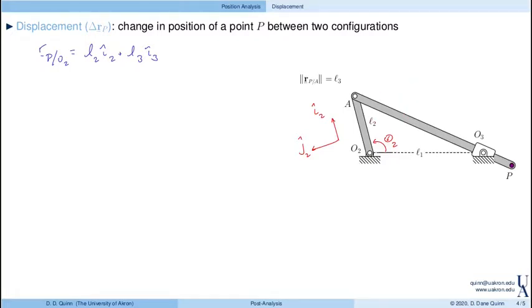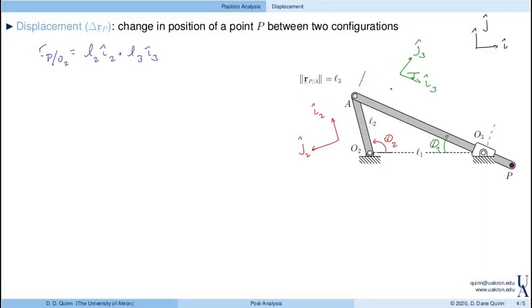Of course, we have I and J fixed in the ground. And then we'll have I3 along link 3 and J3 perpendicular to that. Here, this angle, theta 3, essentially orients I3 and J3 with respect to I and J. And then finally, notice that the distance between A and O3 can change.